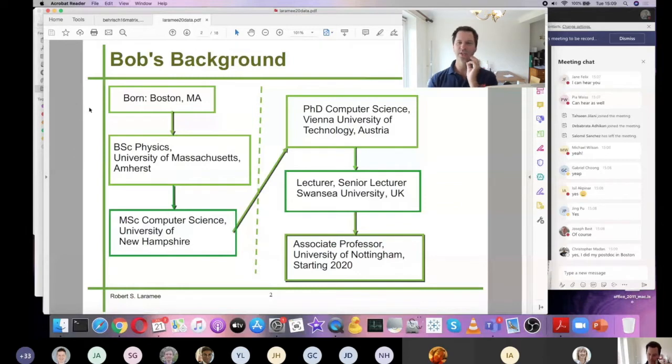And that was in computer science with a specialization in data visualization. And from there, I jumped again across the English Channel to Swansea University. And then I joined University of Nottingham just in January, February of this year. So very, very recently. And then a few weeks later, this whole lockdown happened.